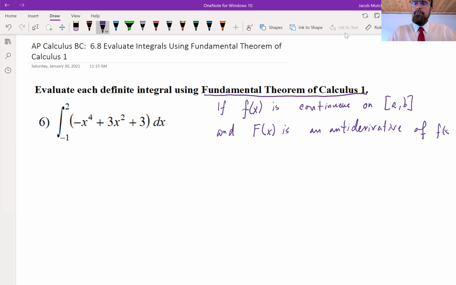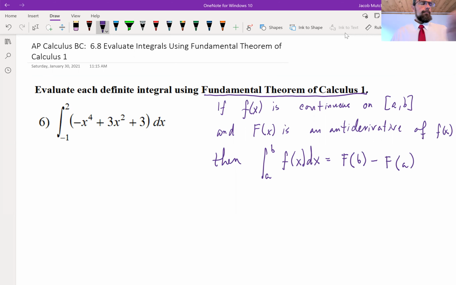Then what we can do is say that the integration from a to b, taking the domain extremes a and b and making them our limits of integration of the original function f of x dx, is essentially the antiderivative F at the upper limit b minus F at the lower limit of a. And that for us is the Fundamental Theorem of Calculus 1.